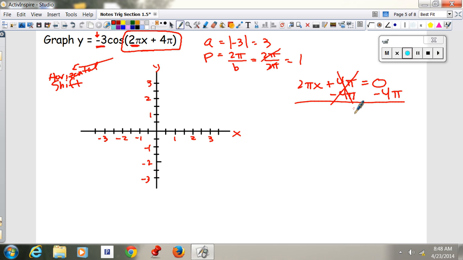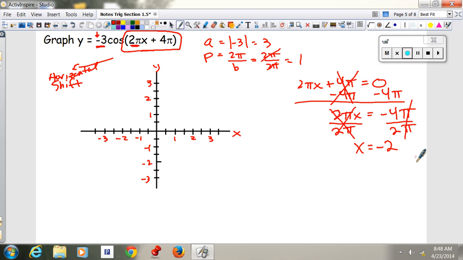Those cancel out. You get 2 pi x equals -4 pi. Divide by 2 pi on both sides. And that way the 2 pi's will cancel out. And here the pi's are going to cancel out there. So all you have is a -4 divided by a -2, or +2, which is a -2.